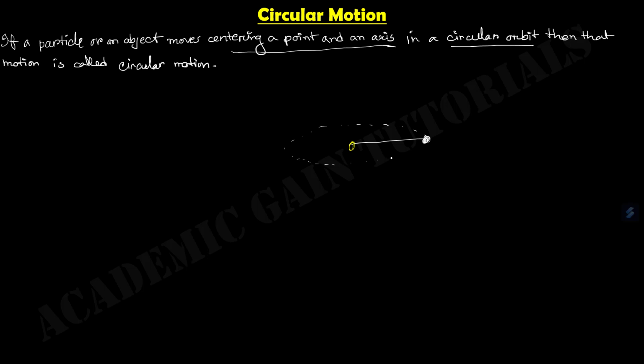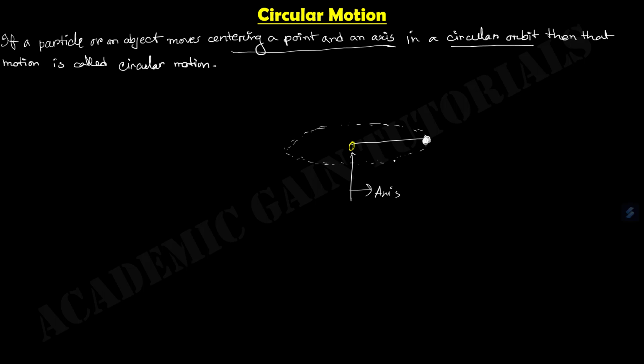If I swing that at a horizontal axis, here this point, where I am holding this end of the string, is the centering point, and my hand is acting as the axis. The path of this stone, when I swing this stone, will be a circular orbit.